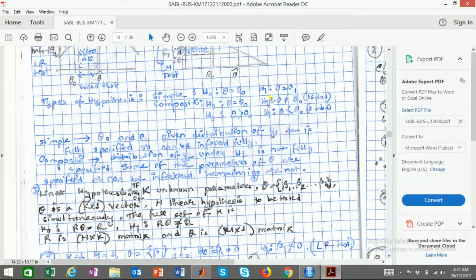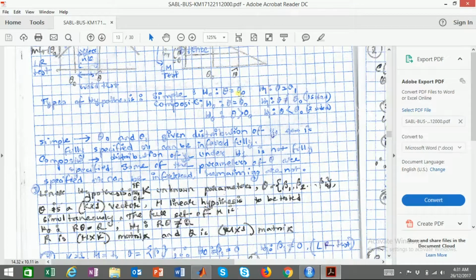If your unknown parameter theta takes on theta naught and theta 1, any two values, then this is the null and this is the alternative, where theta naught represents the value under the null and theta 1 is under the alternative.